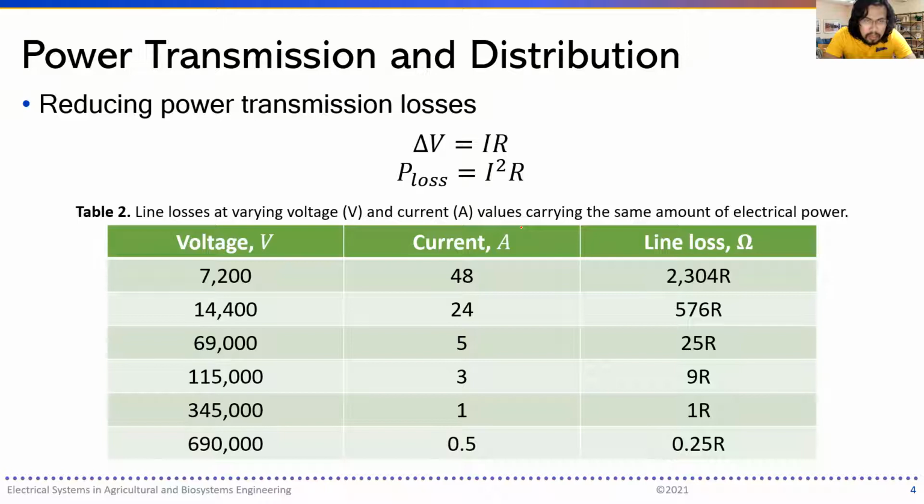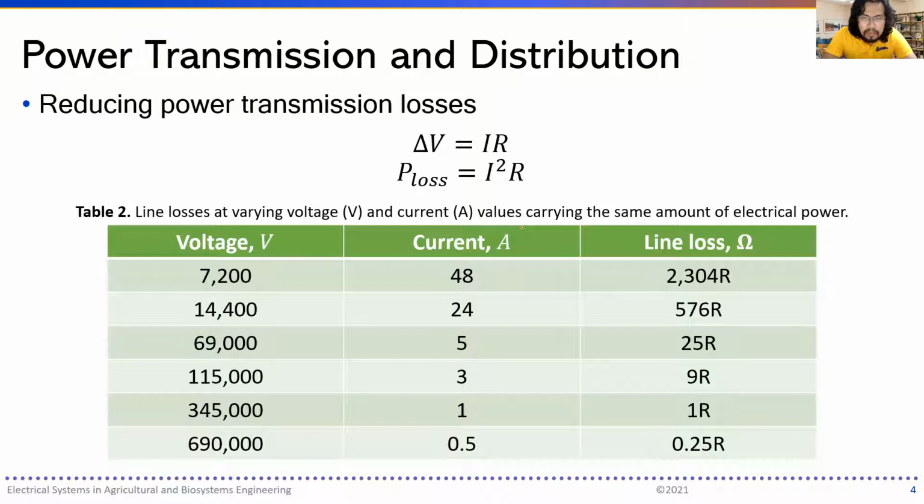I squared R. And the value of the P loss is shown in table 2 as the line loss. This is for the same wiring, but the wiring is carrying a different voltage amount, the same power, thus the current would be smaller, and the line loss would then be what? I squared R.